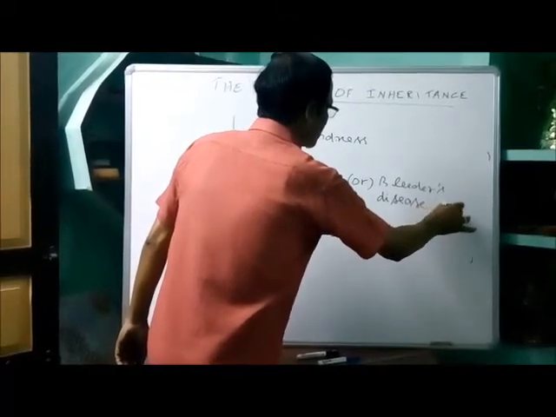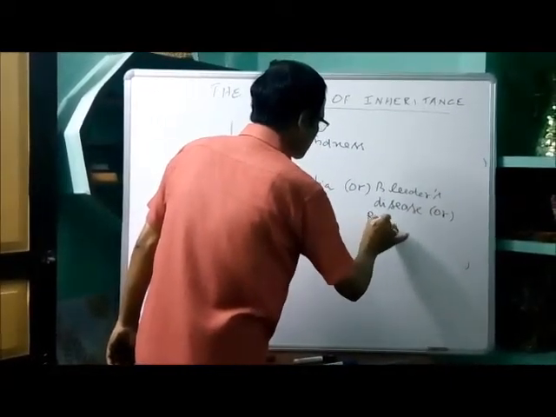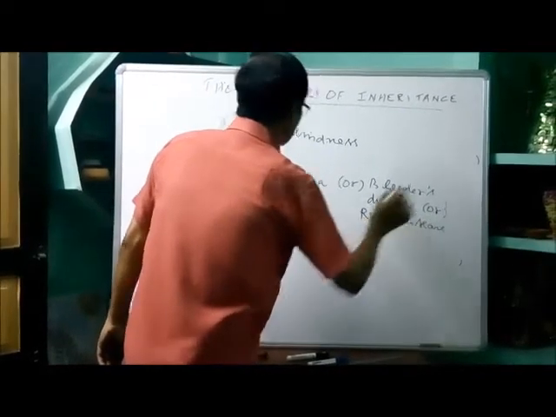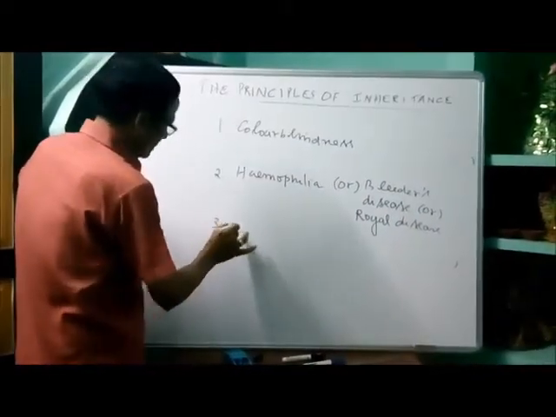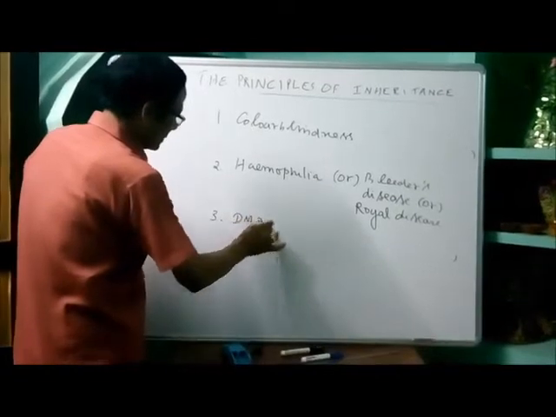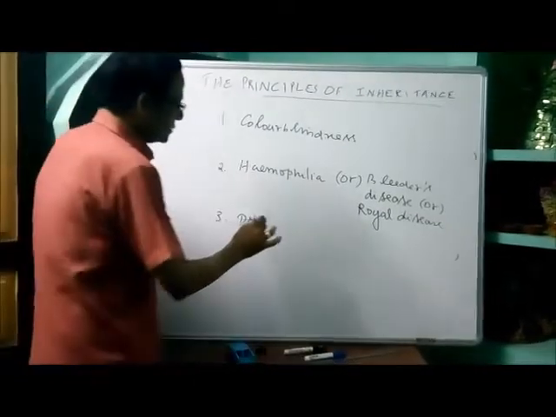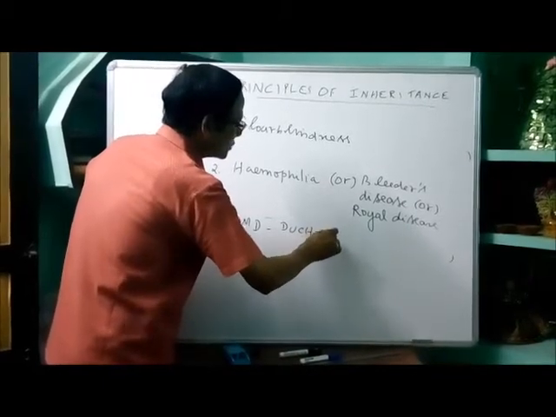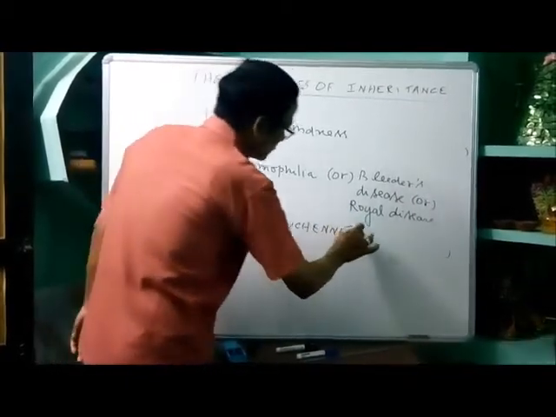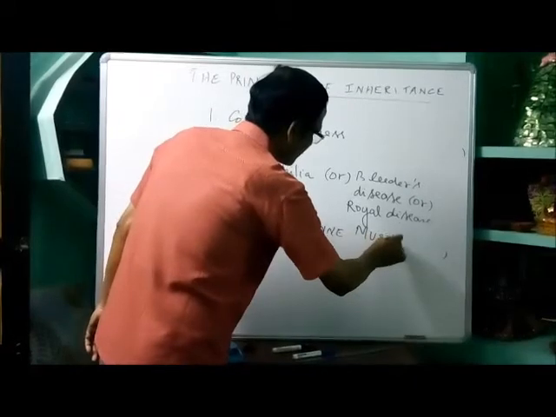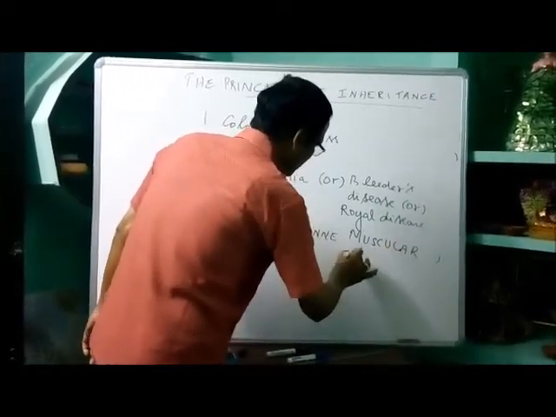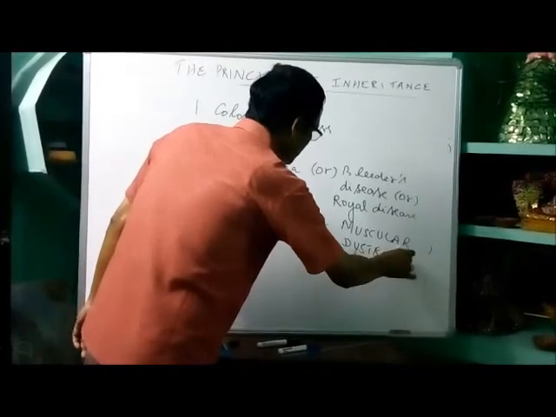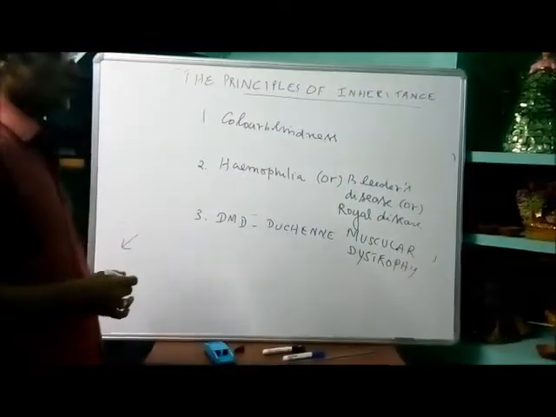Or also called by name royal disease. The third one, DMD, a disease called Duchenne muscular dystrophy. This is another disorder.